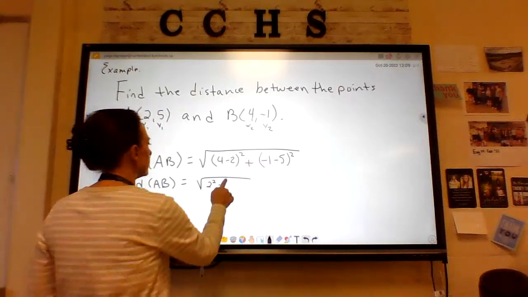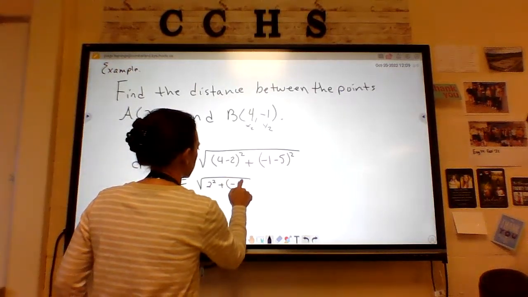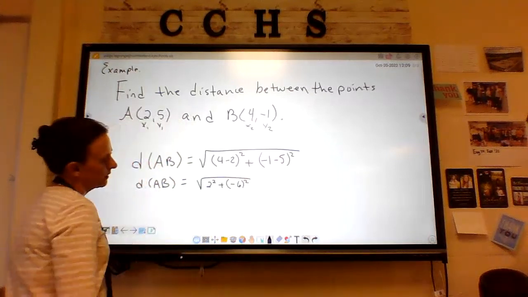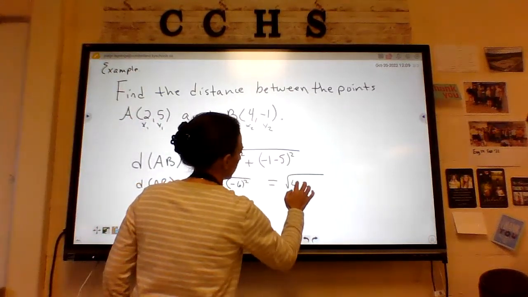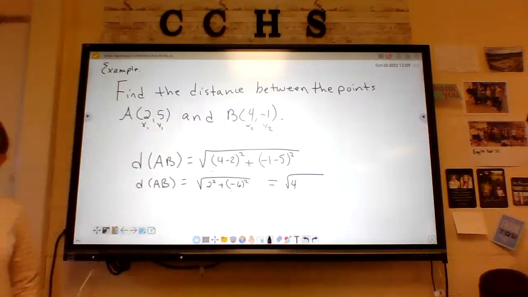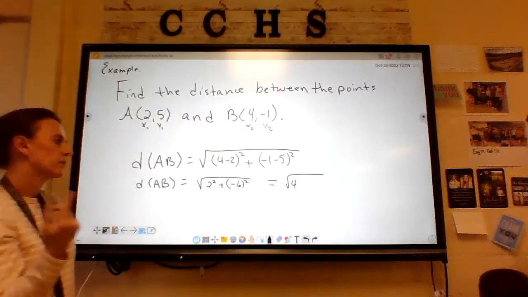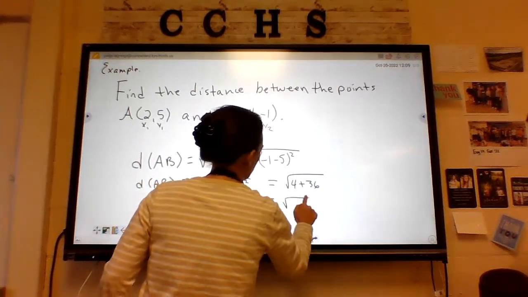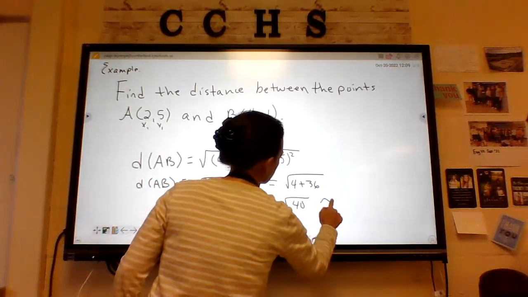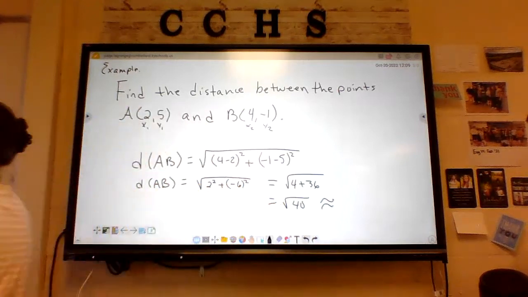And notice it's in parentheses, which means the negative and the 6 are both squared. What's 2 squared? 4. And negative 6 times negative 6? 36. So that's equal to the square root of 40, which is approximately 6.32.